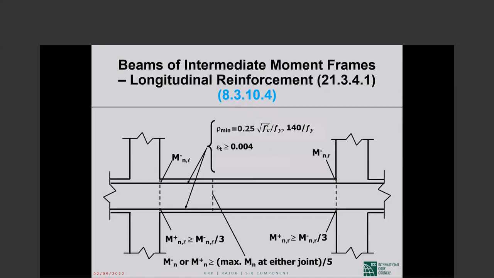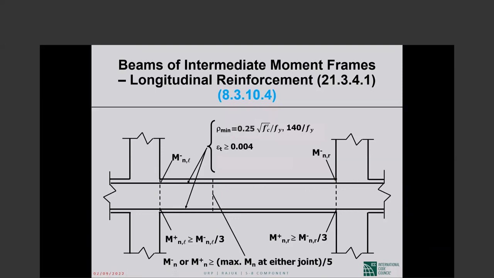Okay. Then the positive moment strength at the support section shall be no less than 1/3 of the negative moment strength. It was 1/2 in the case of special moment frames. Now it is 1/3. Okay. And nowhere along the length of the beam shall the positive or the negative moment strength be any smaller than 1/5 of the larger negative moment strength at the two support sections.